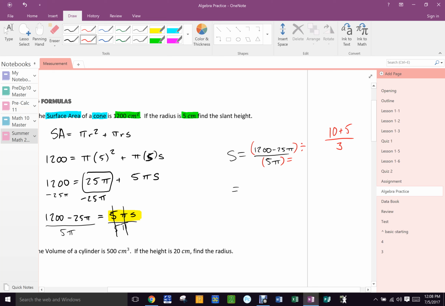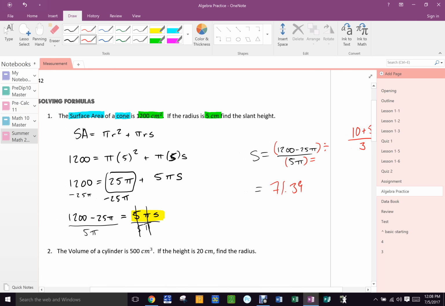So everybody should try to punch that in right now and make sure that you can do it. 71.34. That sounds about right. I got to check right now. 1200 minus 25 pi. 71.39 is exactly right.